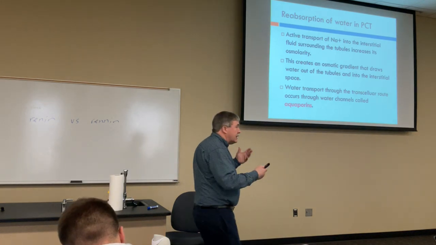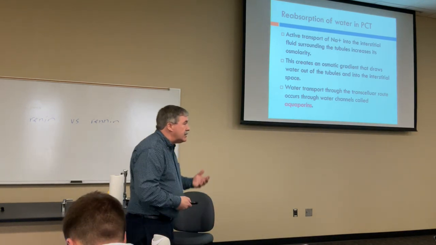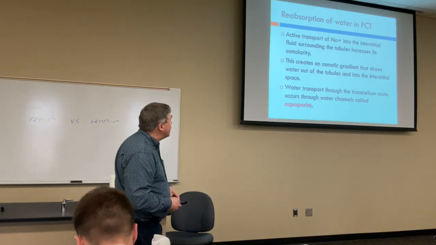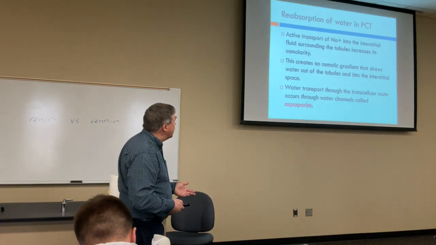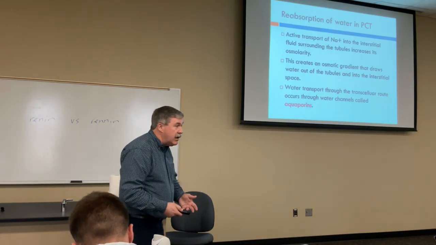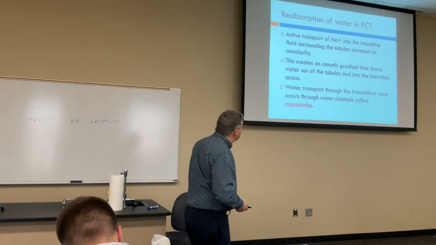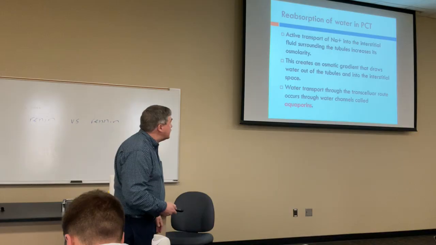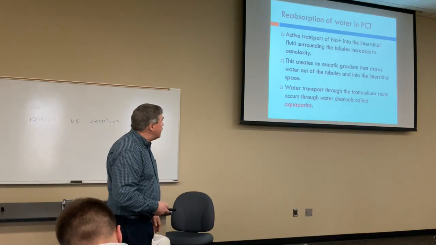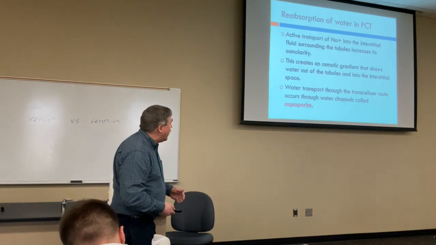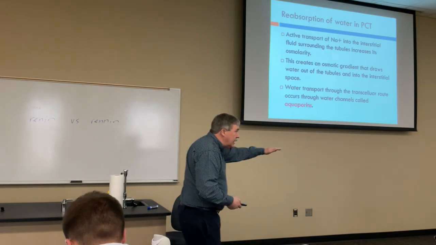So, just to put this into words instead of looking at a diagram, active transport of sodium into the interstitial fluid increases the osmolarity of that interstitial fluid. That creates an osmotic gradient that draws water out of the tubules and into the interstitial space. Water also can go in between the cells.